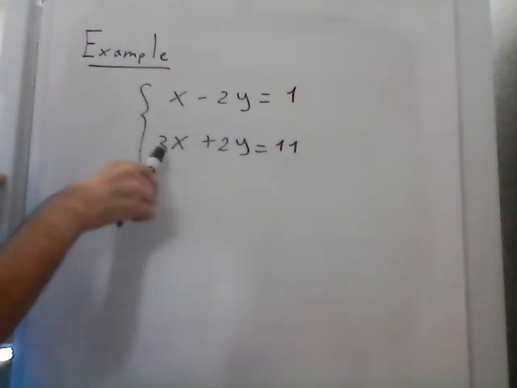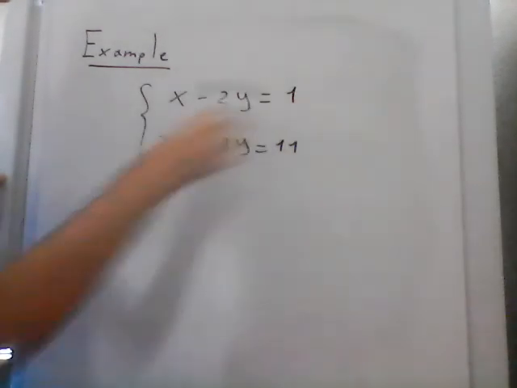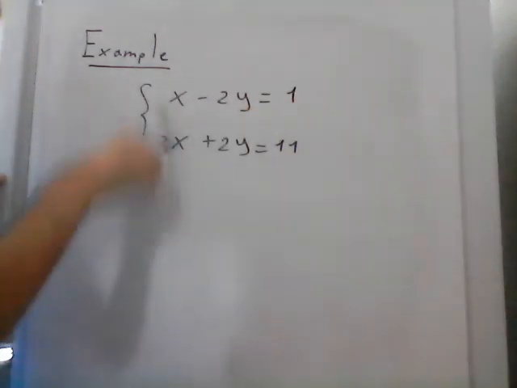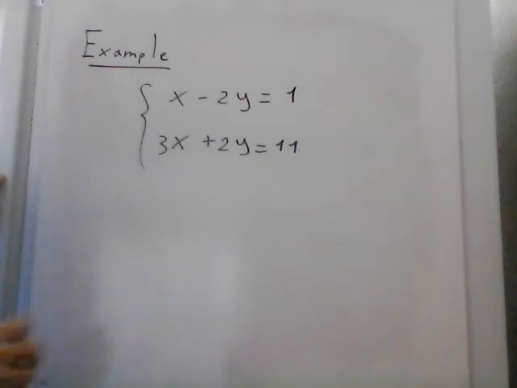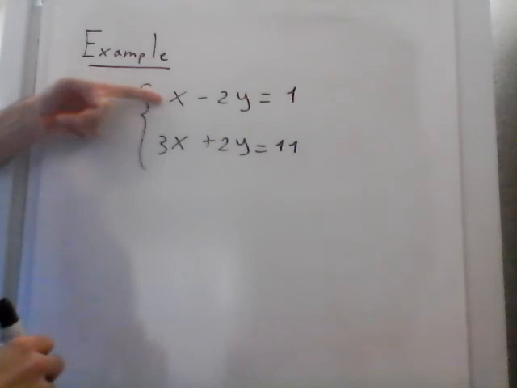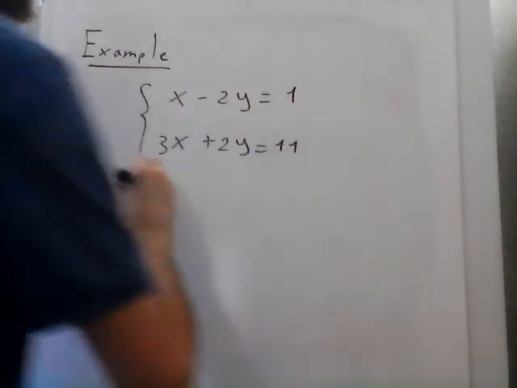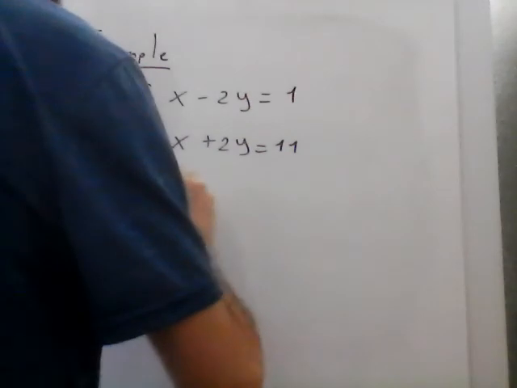So in particular, we can subtract from the second equation this equation multiplied by 3. In such a way, we get rid of this 3x term. So this equation multiplied by 3 is 3x minus 6y equal to 3. So we copy the first one.